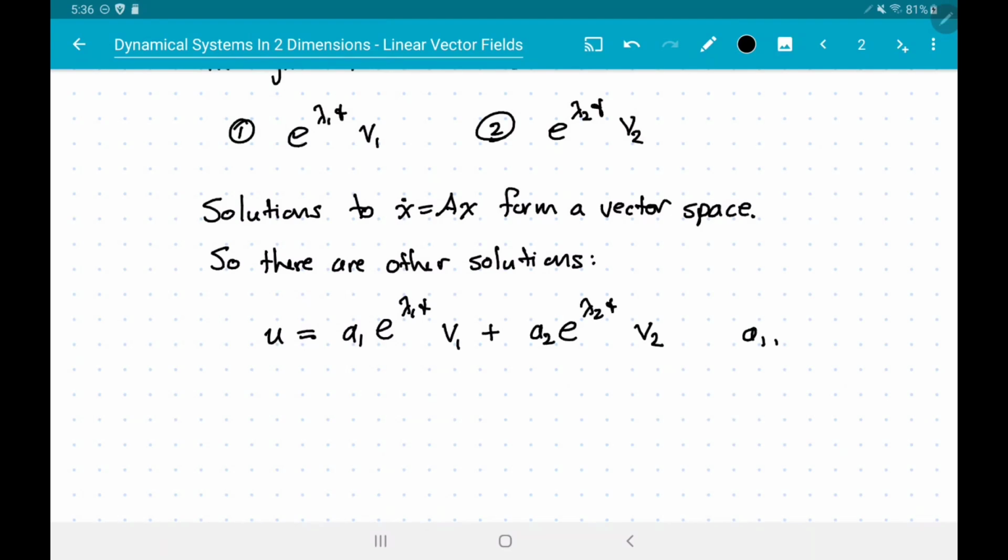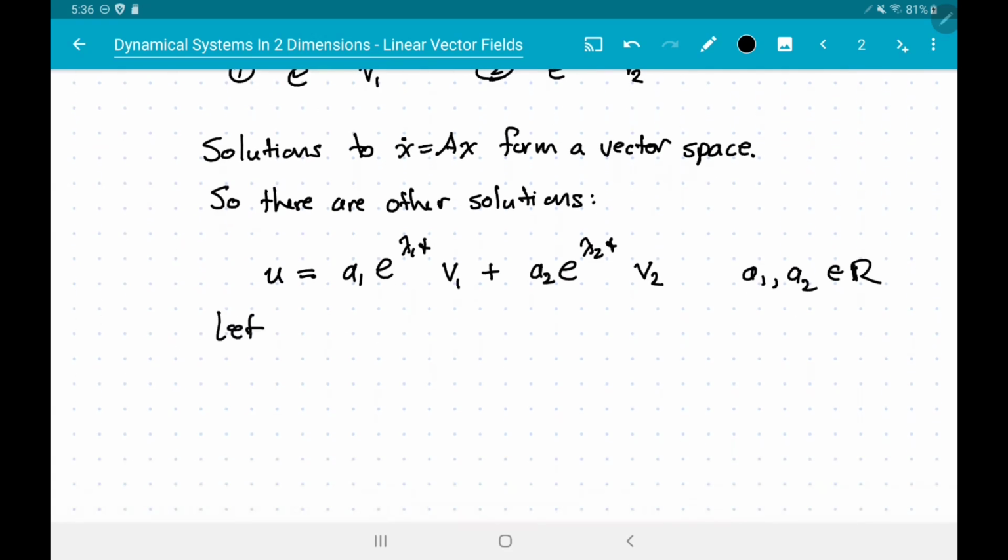So A1 and A2 are scalars. So now I have a sort of general family of solutions. Now, if A happens to be a 2 by 2 matrix, then this is the general form for all solutions to x dot equals Ax.